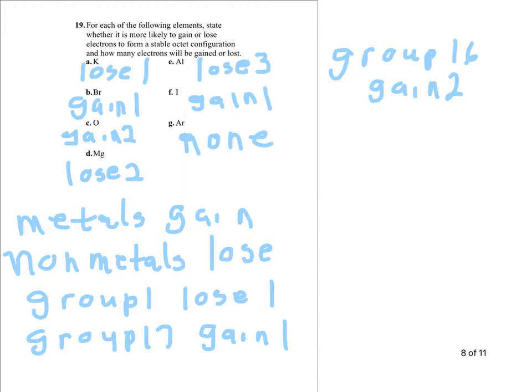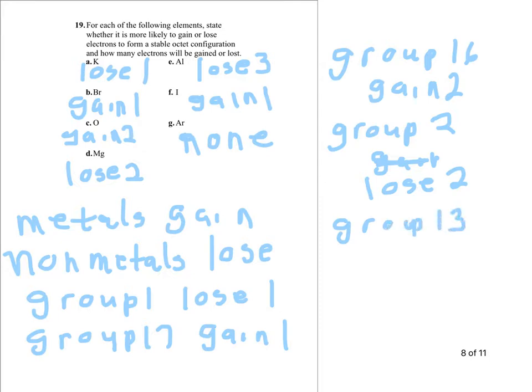Magnesium, group 2, metals, it's going to lose as a metal, lose 2. And aluminum over in group 13 tends to lose 3.